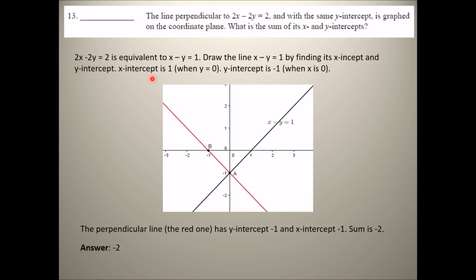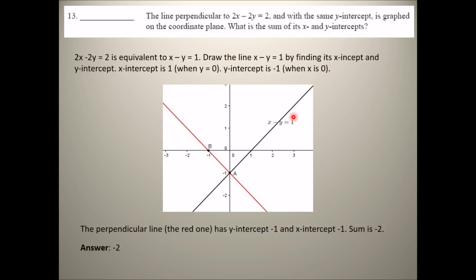The x-intercept is 1 when y equals 0, so x minus 0 is 1, so x is 1. And then the y-intercept is negative 1 when x is 0, so 0 minus y equals 1, and that would be y equals negative 1. So it's graphed out here.